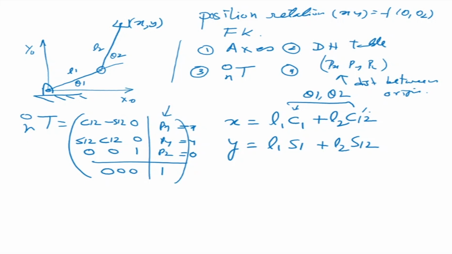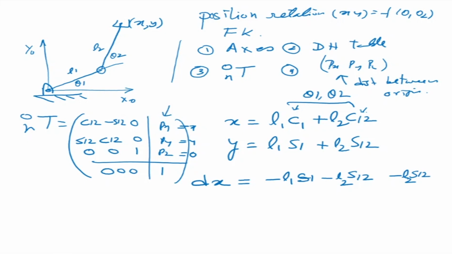So I get dx is equal to, taking the partial derivative with respect to theta 1 first, minus L1 sine 1 minus L2 sine 12. So with respect to theta 1 I've got my derivative. Then with respect to theta 2 I get minus L2 sine 12.